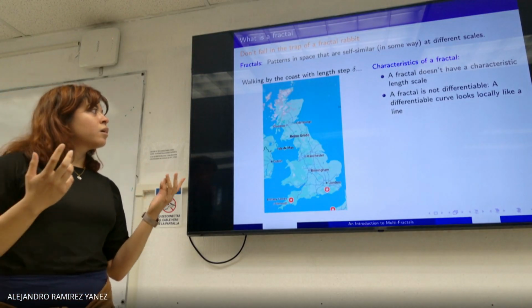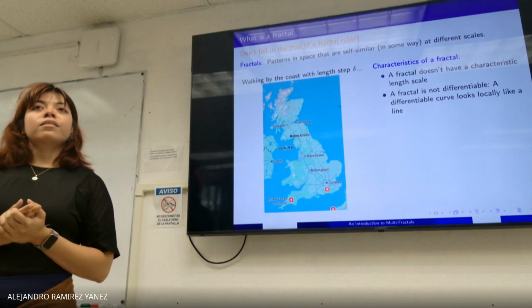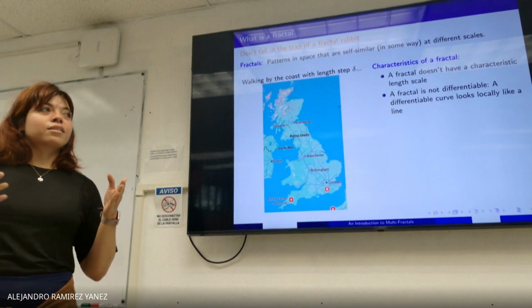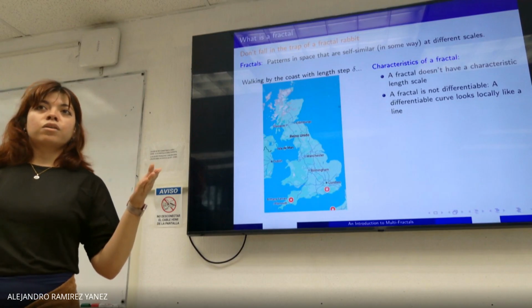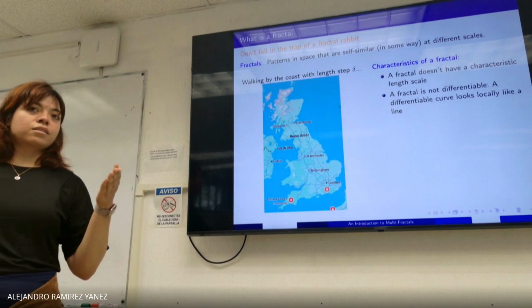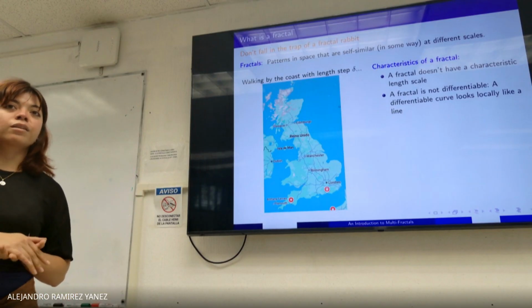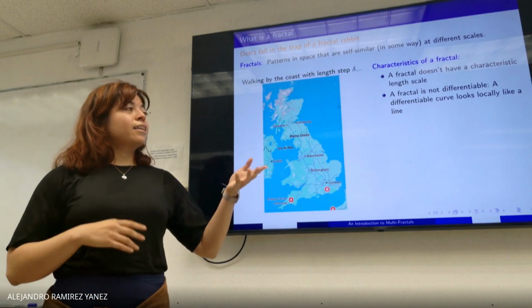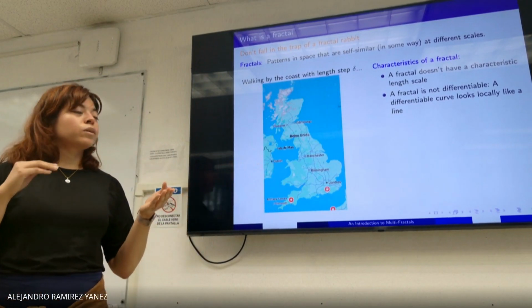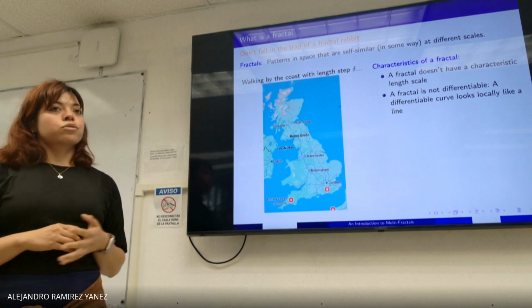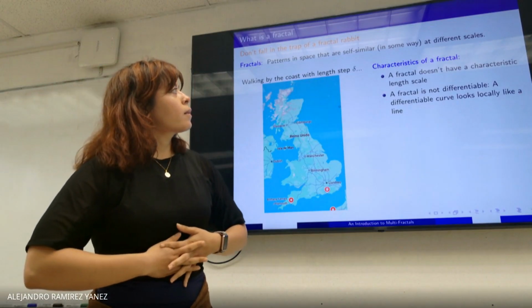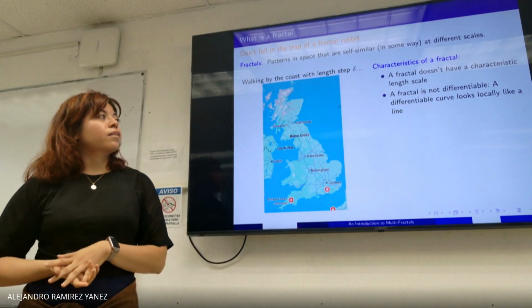So in a real fractal, you can only study this self-similarity for a range of sizes. You cannot go infinitely small, while for an ideal fractal, you need to go to infinitely small repetitive structures.